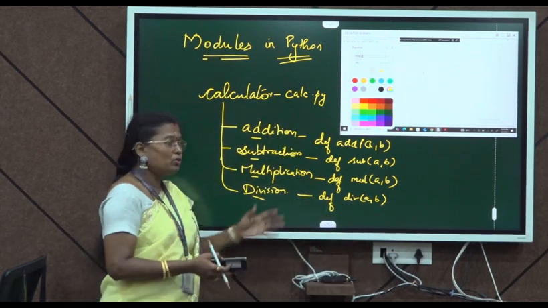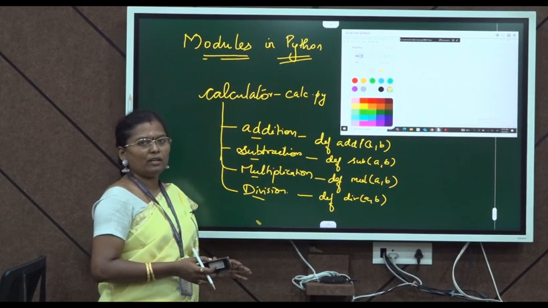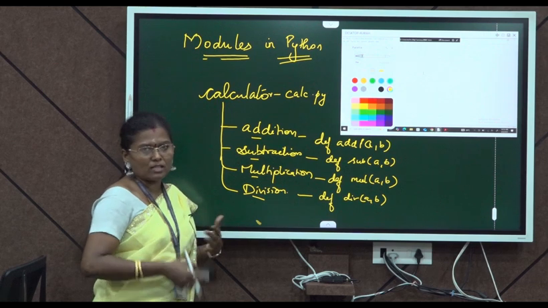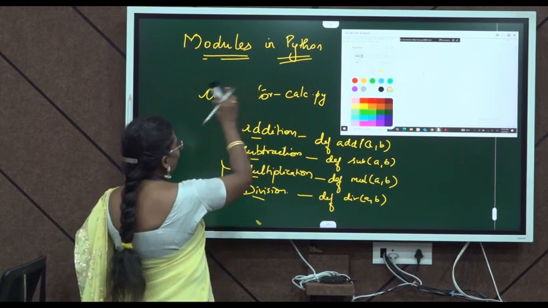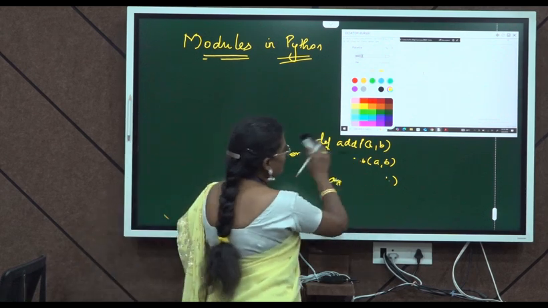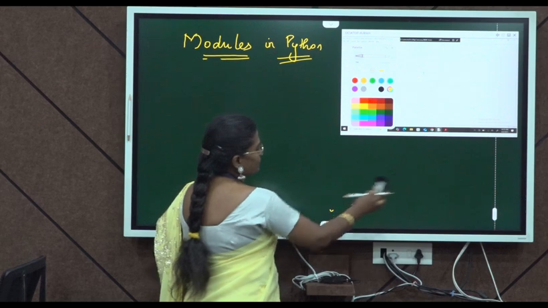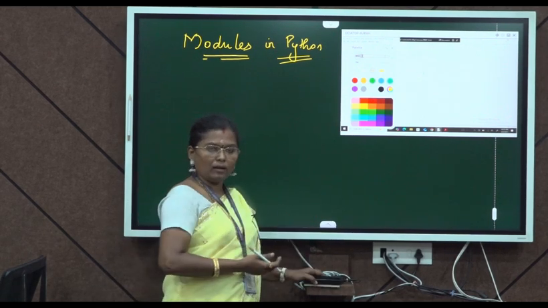How are we going to utilize all these things? We have defined a module. After defining a module, we should be able to access and use it. How are we going to do it? Let us go back to C. How do we use header files? We have stdio.h, as we saw before.